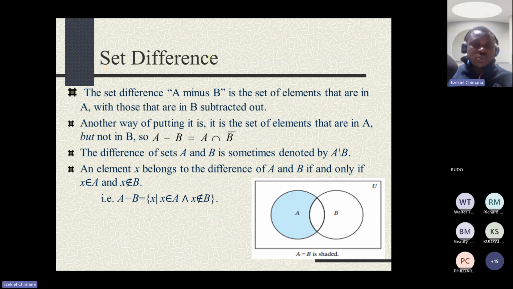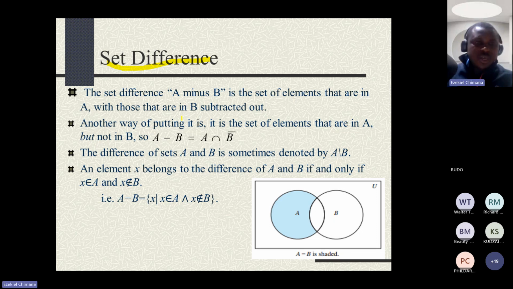So let's look at what we call set difference. The set difference A minus B is the set of elements that are in A with those that are in B subtracted out. So we are looking at those elements which are only in A and not in the other set.